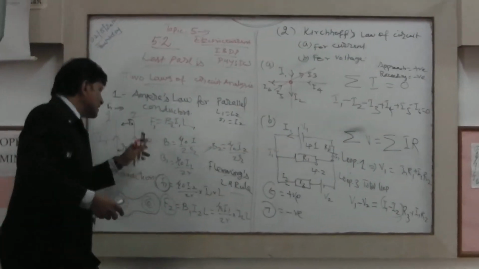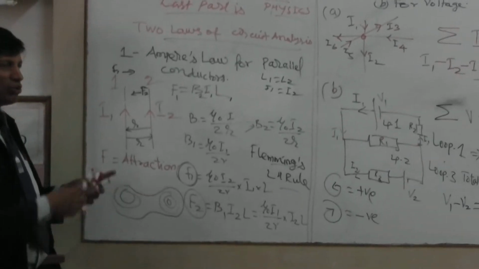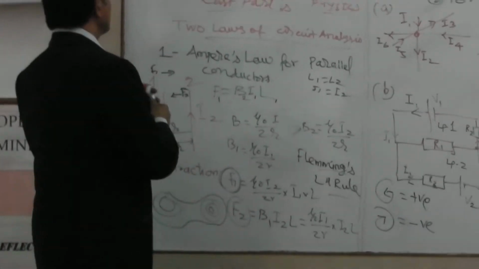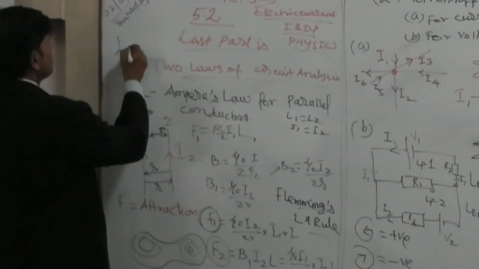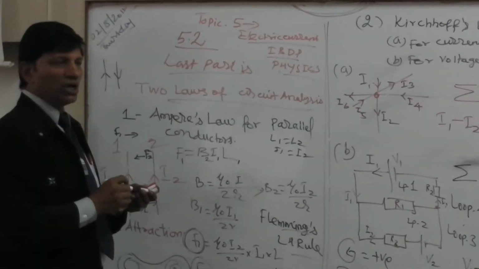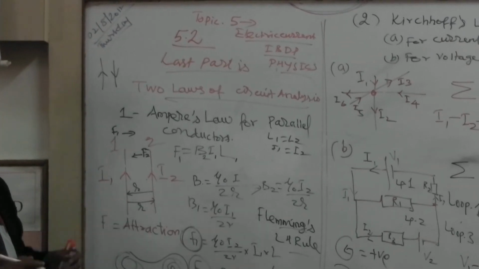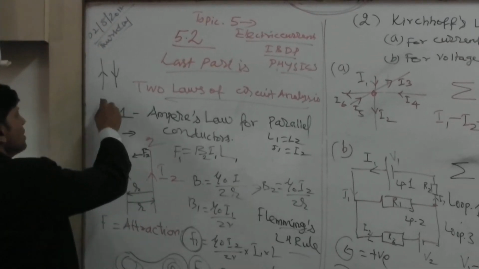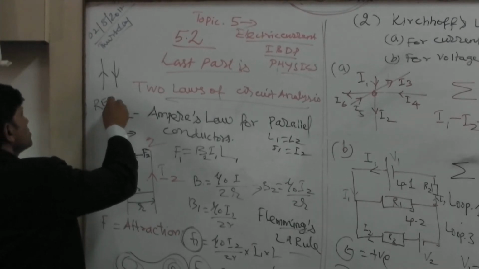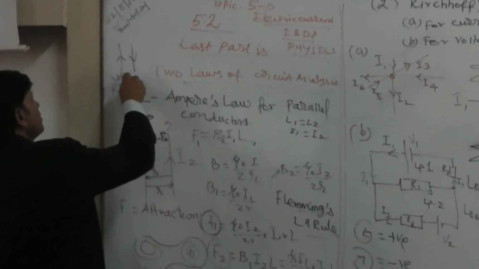Ampere mentioned that like currents are attracting. Can you guess what would happen with unlike currents? If the currents are unlike, what will they do? They will repel. Very good. So unlike currents will repel.